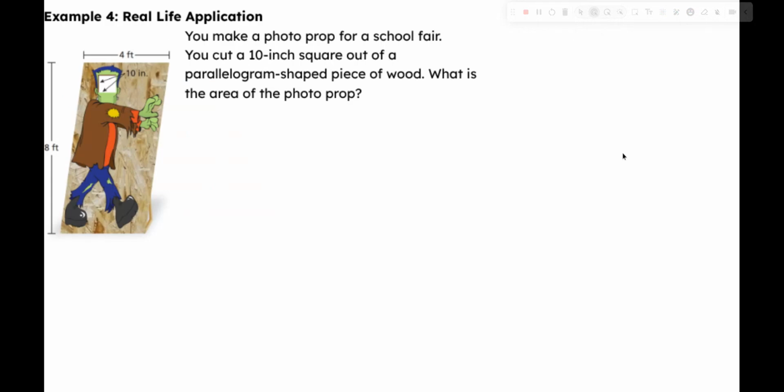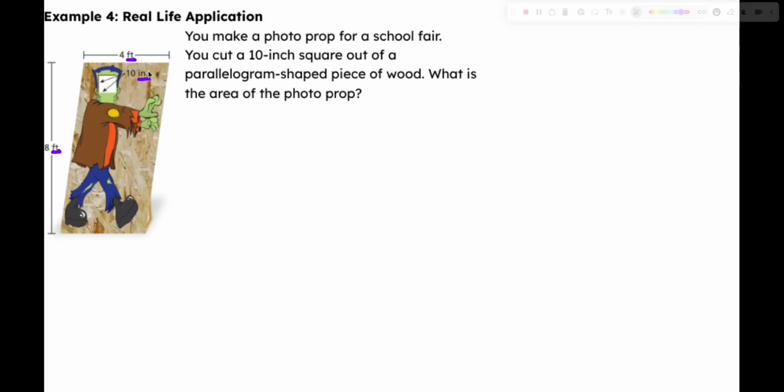And then this real life example is very similar to the last one. We make a photo prop for a school fair. You cut a 10-inch square out of a parallelogram shaped piece of wood. What is the area of the photo prop? We're going to find the area of the whole thing, but because this is inches and this is feet, we're going to make them all inches.